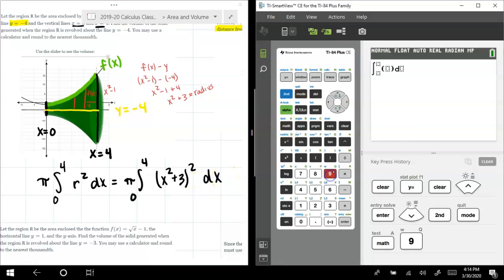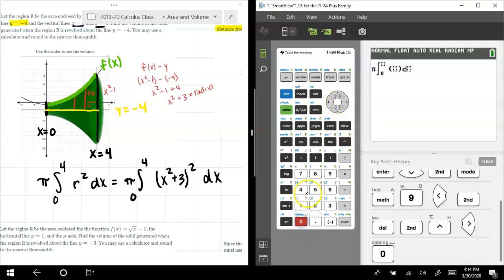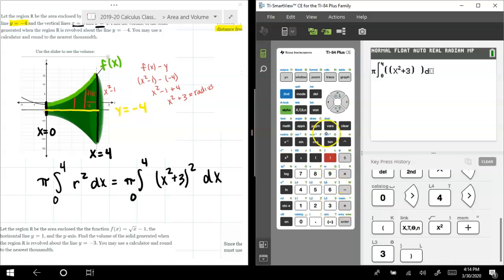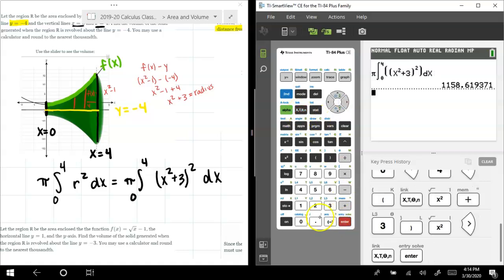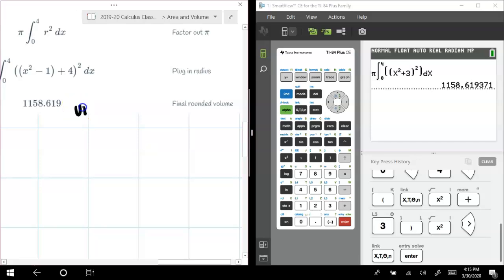And now we can use our calculator to type this in. Rounded to 3 decimal places, we get 1,158.619. Volume, if we had the units.